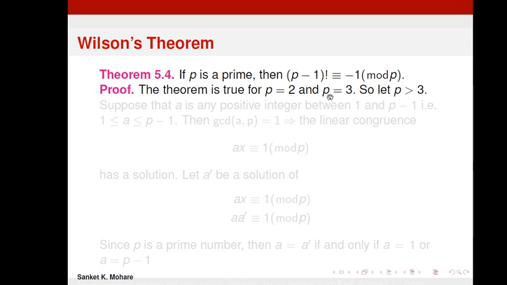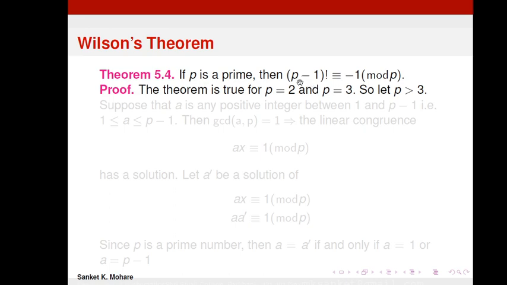Similarly, for p equals 3, 3 minus 1, that is 2 factorial, and 2 factorial is equal to 2. Again 2 is congruent to minus 1 modulo 3, because the difference of 2 and minus 1 is 3 and 3 divides 3. That's why for p equals 3, the theorem holds good.